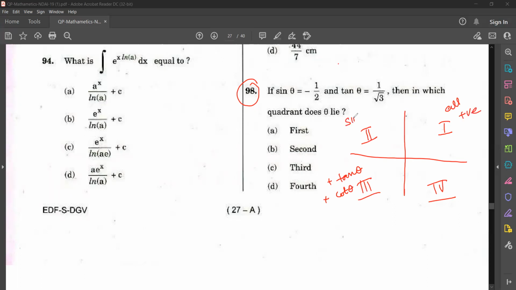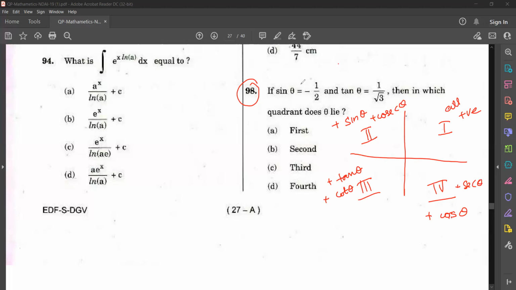Here sine and cosec are positive. Here sec theta and cos theta are positive. So remember like that for positive: all silver tea cup.